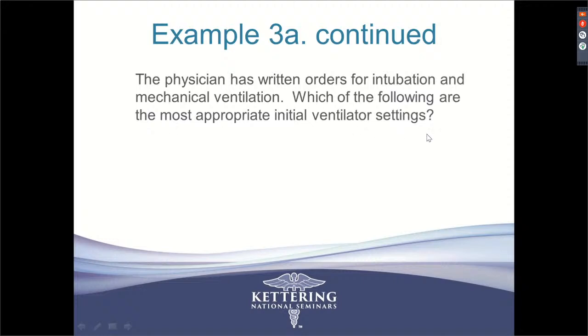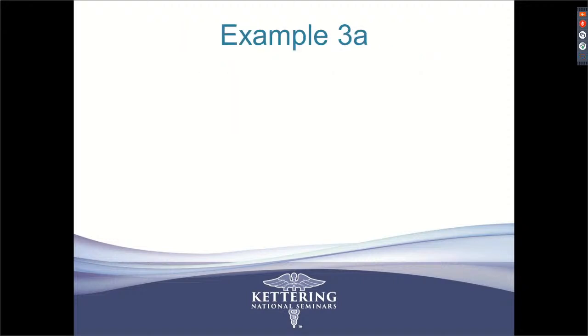So I'm in phase 1 and I'm using my parameter box there on page 11. That's what I'm going to use to pick my settings. Okay, so I'm going to go down here and look at the situation for my vent settings. I'm going to initially calculate my ideal weight.